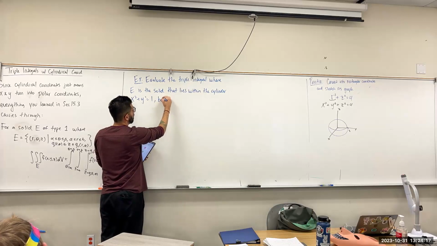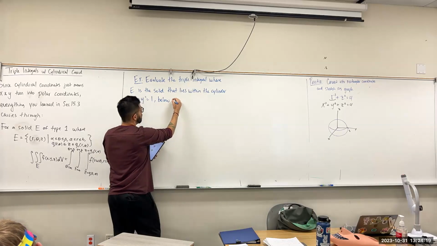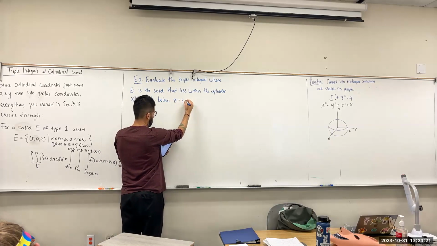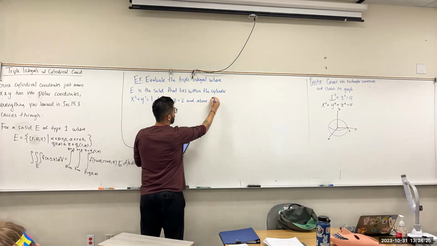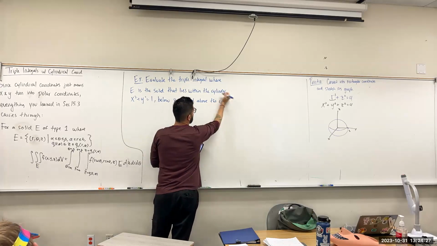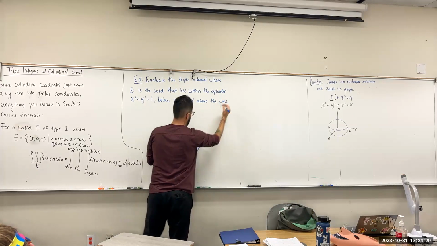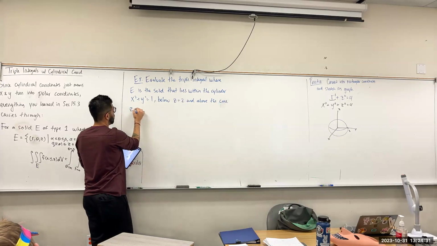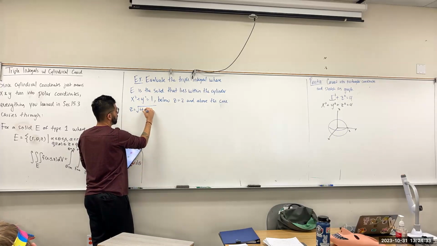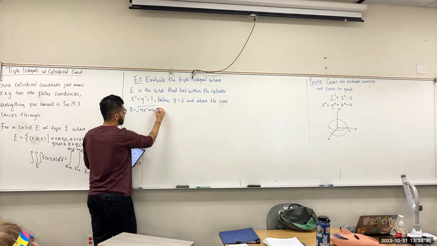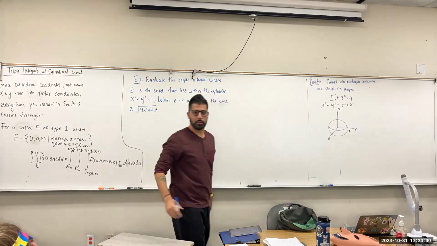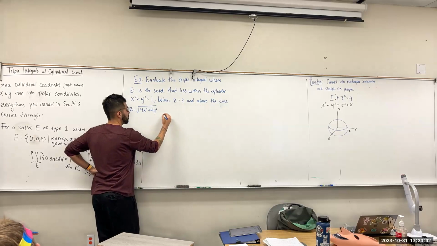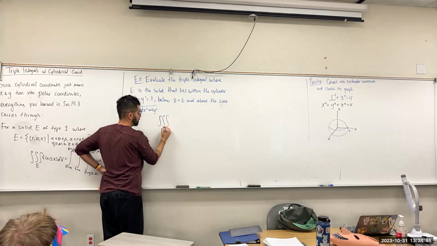It's going to be below z equal 2 and above the cone z equals the square root of 4x squared plus 4y squared. Throw a 4 in there. Make it a little bit nastier. And this is the triple integral that we're being asked to do.